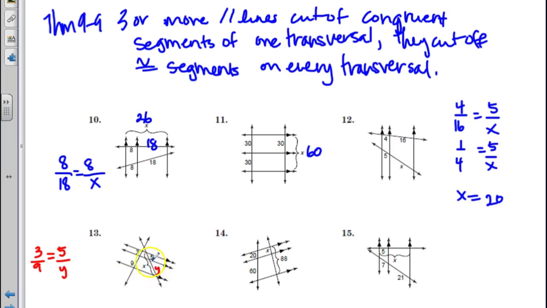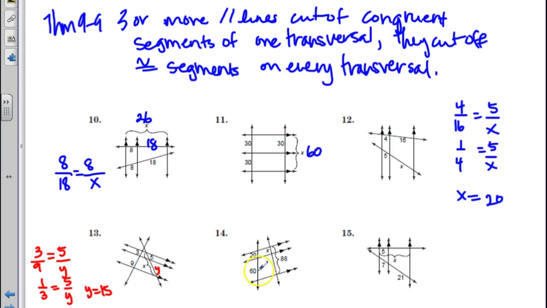I have to find this little piece before I can find the whole thing because the whole thing would be these two added together. So again, reducing first, 1/3 equals 5 over y, or y is 15, which makes x 20 because 5 plus 15 is 20. So next to number 13, write x equals 20. Make sure you show that to me when you come to class also.